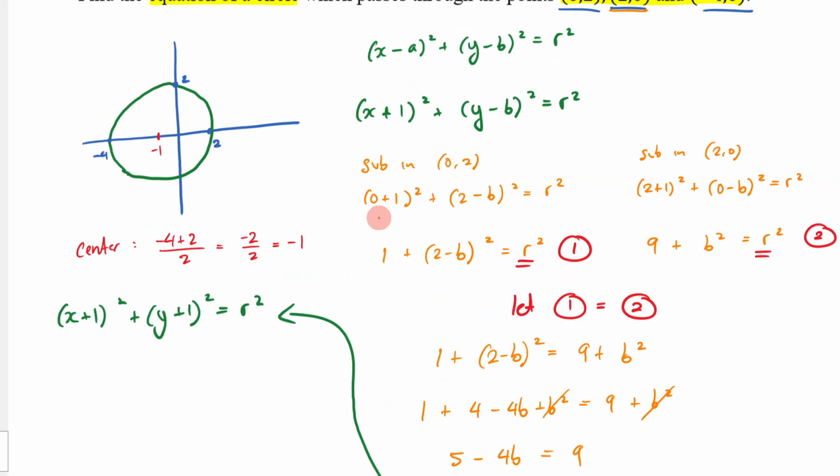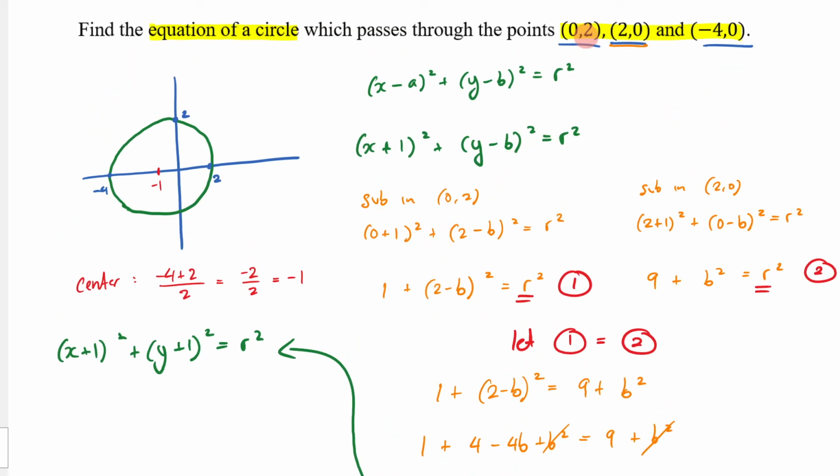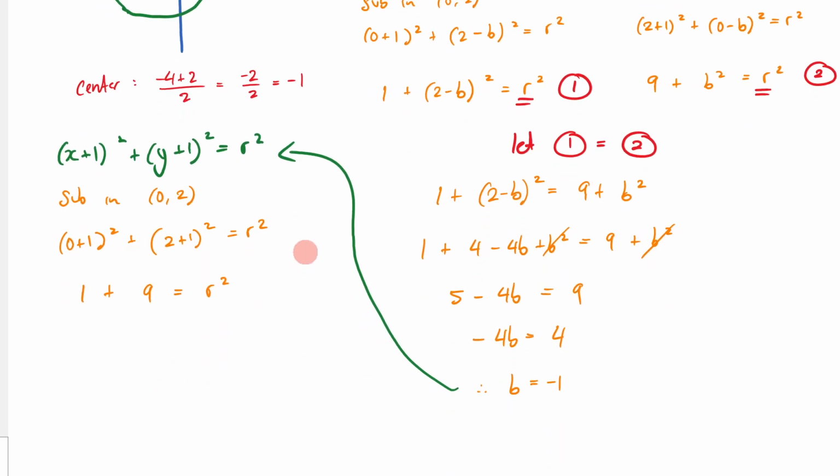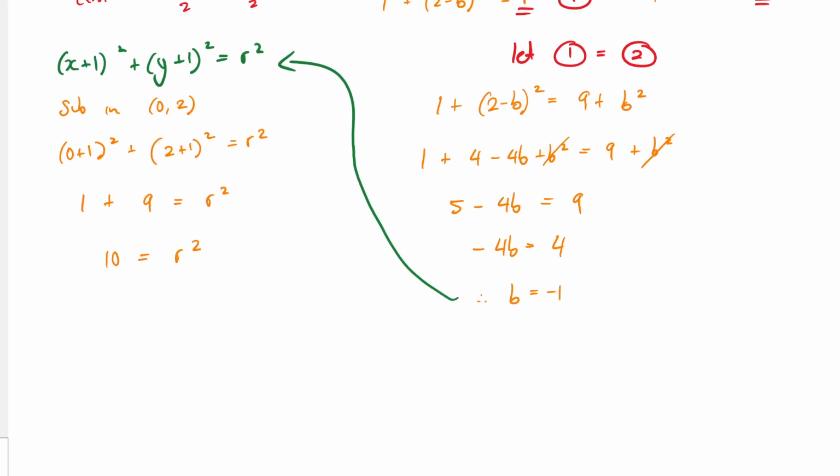It can be a point we've already used. We can sub in 0, 2 here again. I put a 0 into my x spot, 0 plus 1 squared, and a 2 into my y spot. This is going to be 1 plus 9 is equal to r squared. That means 10 is equal to r squared. I'm ready for my answer now.